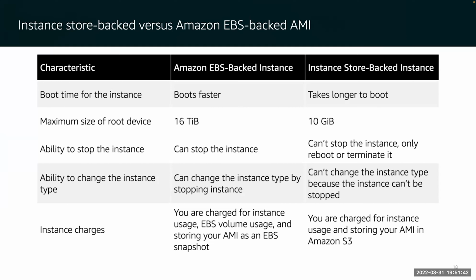In an instance store-backed instance, when you decide to stop the EC2, that is basically going to delete the content of the volume. You can also change the instance type of an EBS-backed instance. The cost of the EBS-backed instance, including EBS storage charges, and the cost of an instance store-backed instance, including Amazon S3 storage charges, are usually cheaper.